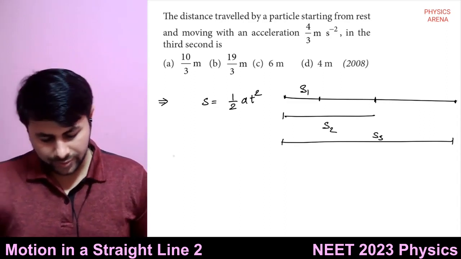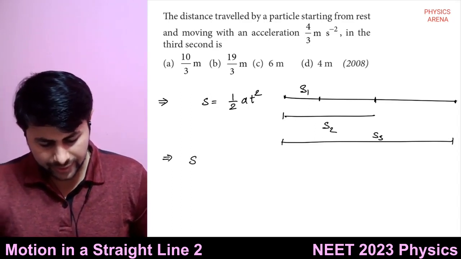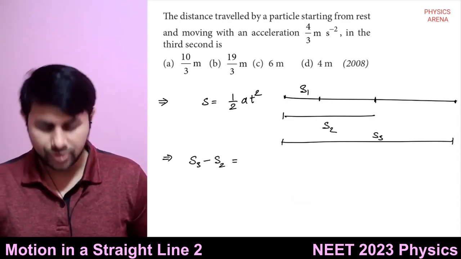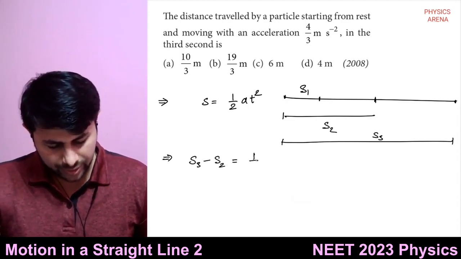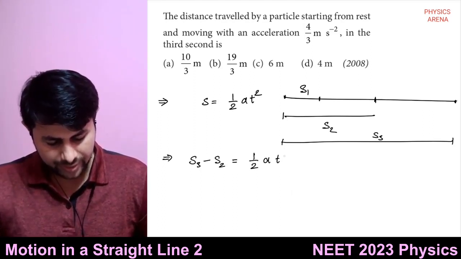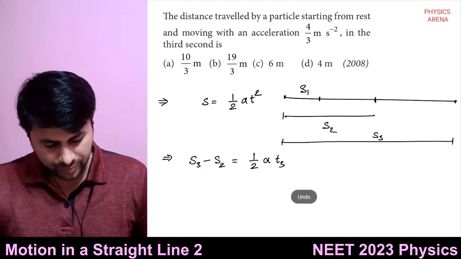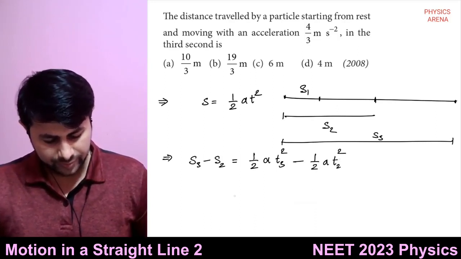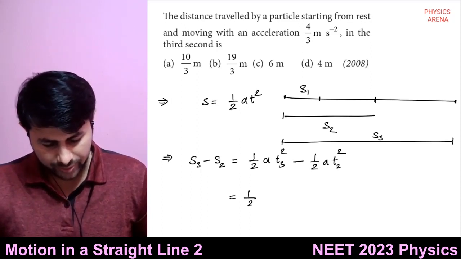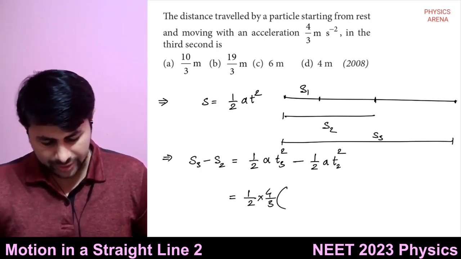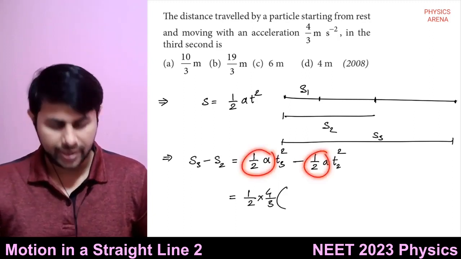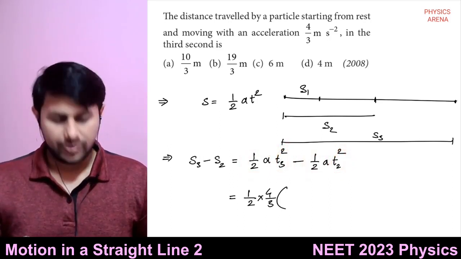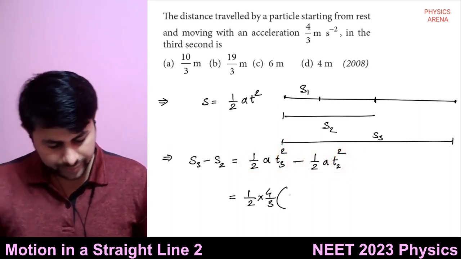So you can write that s3 minus s2 is what you have to find out, and that is equal to half of a multiplied by t3 square minus half of a multiplied by t2 square. That is half of 4 by 3, taking half a common, times t3 square minus t2 square, which is 3 square minus 2 square.